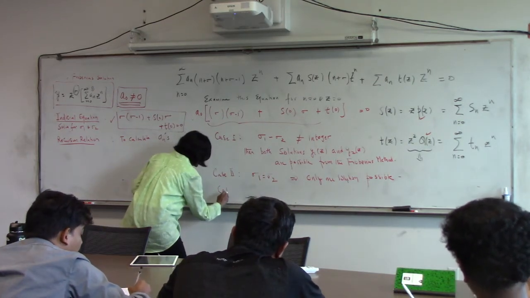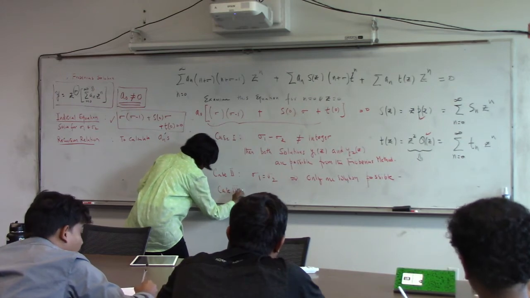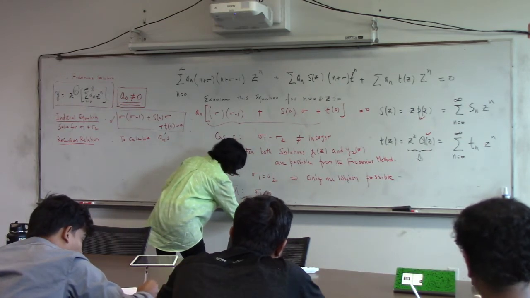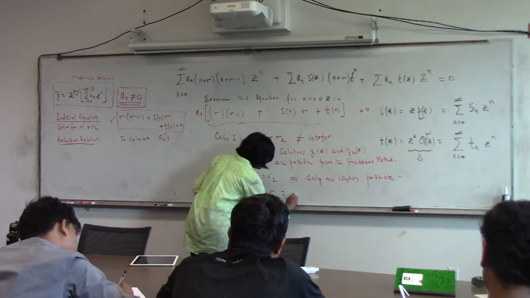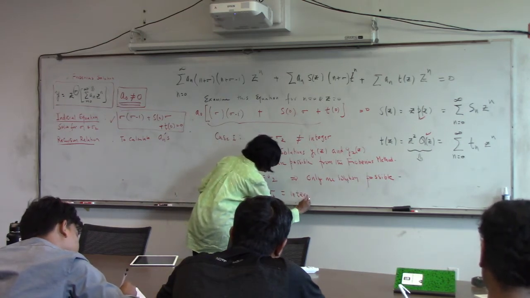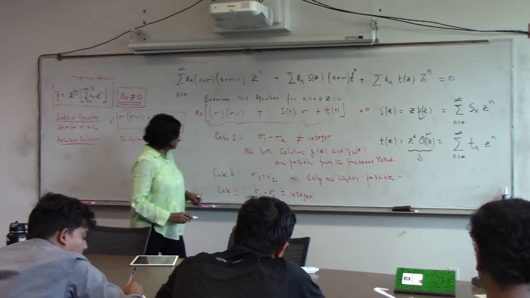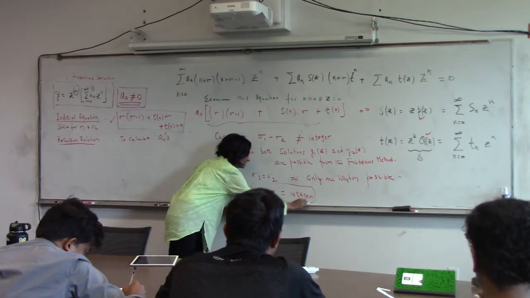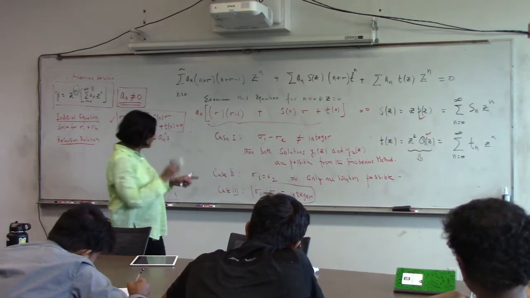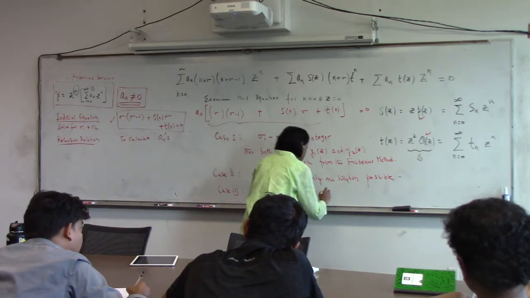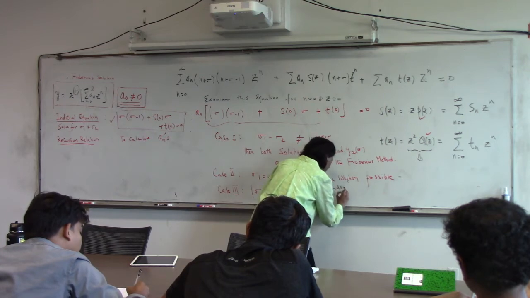Case 3 is when sigma 1 minus sigma 2, the difference between the two roots, is an integer. If the difference between the two roots is an integer, typically only the larger root will give the series solution. The larger root is chosen.